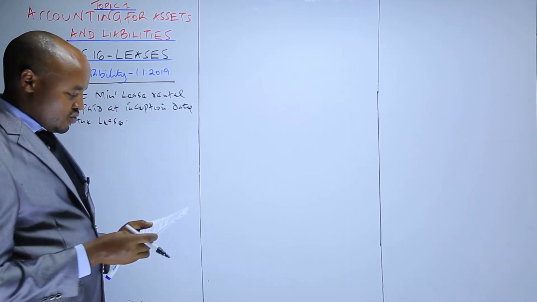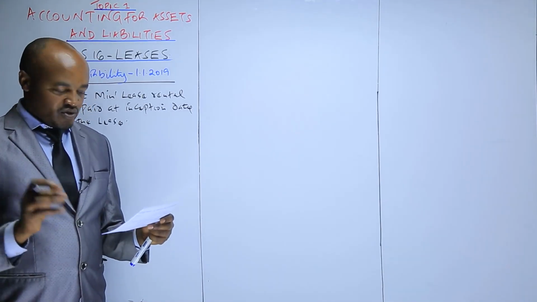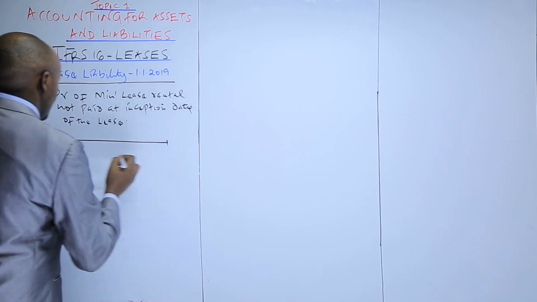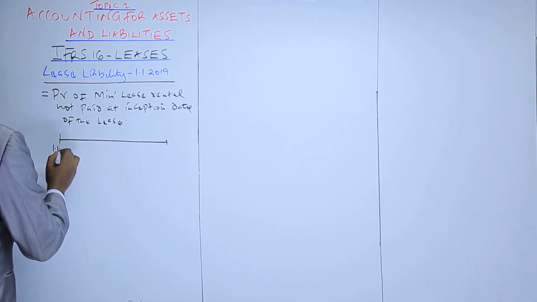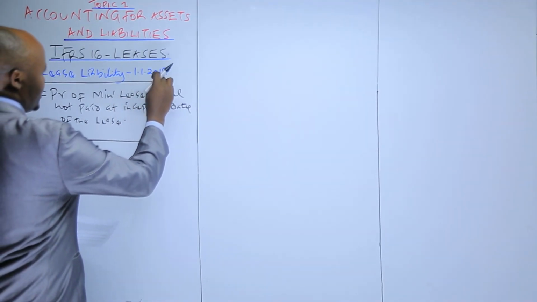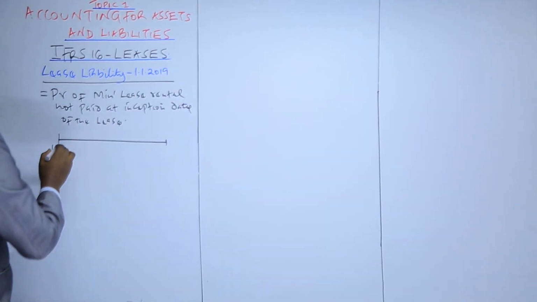So for us to be able to compute this, we have to understand what you're told in the question, that this particular lease commenced on 1st of January 2019. So 1st January 2019 is the inception date of the lease. It is the date when the lease commenced.